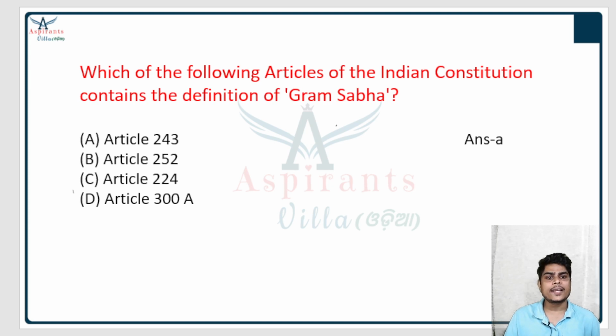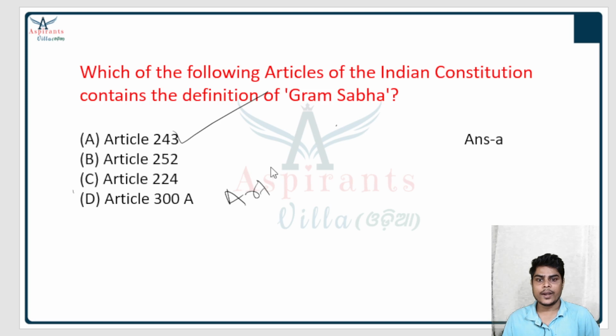Move on to the next question. Which of the following articles in the Indian Constitution contains the definition of the Gram Sabha? The right answer is Article 243.